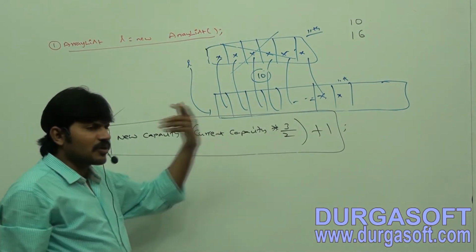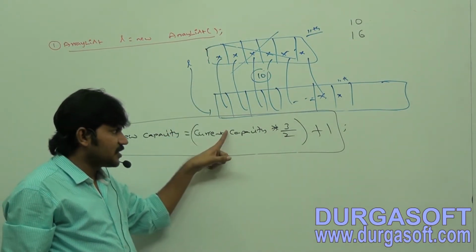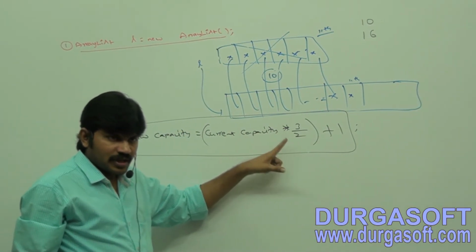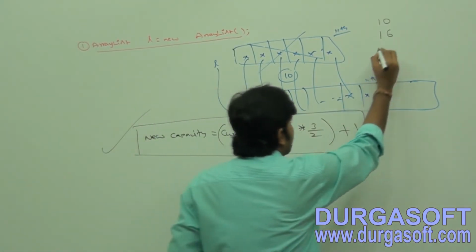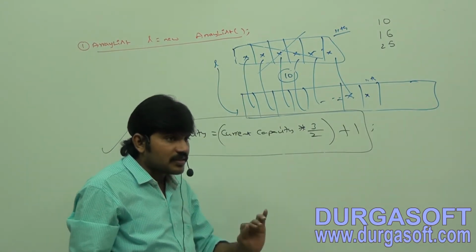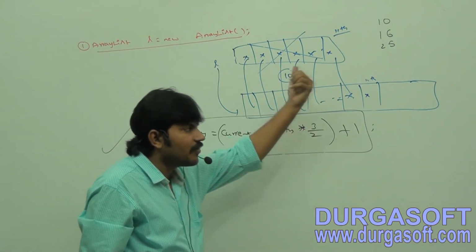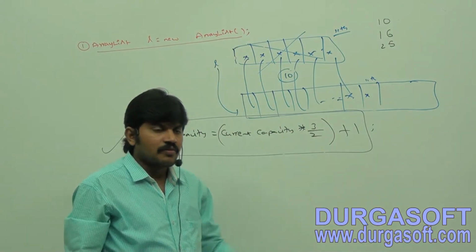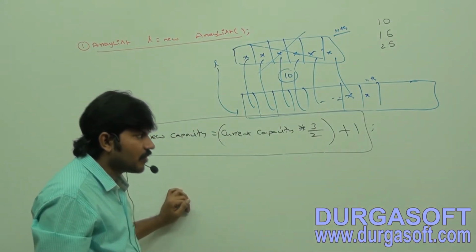Once 16 is also completed, then 16 * 3/2 = 24, plus 1, is 25. Here, one minute, some people may have a doubt: sir, 25 is already completed, and I want the 26th. What will happen?